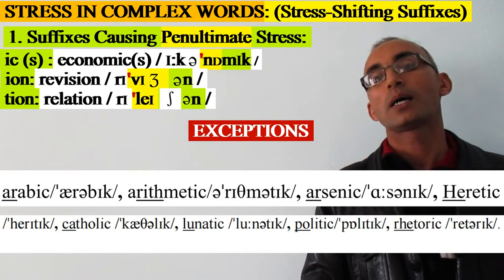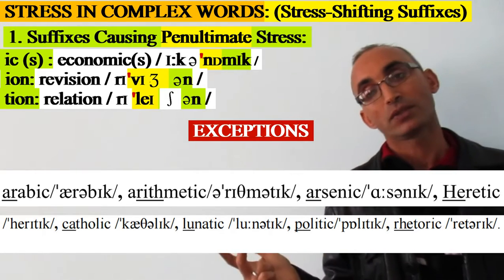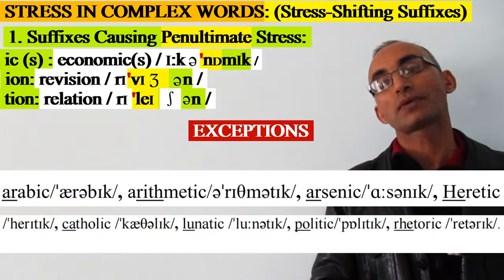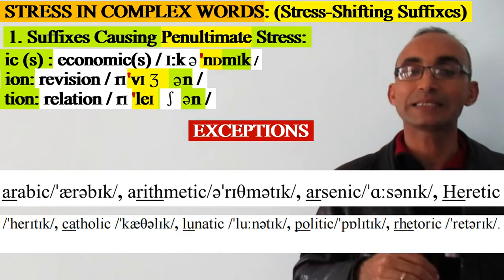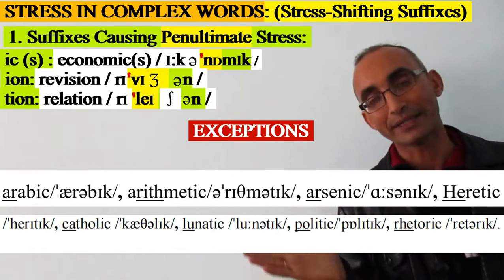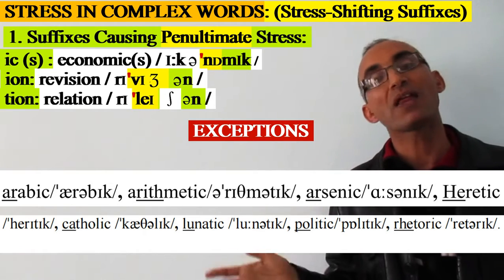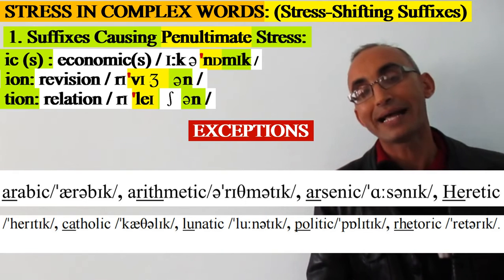Also politic, the same thing. Here we don't stress the penultimate, which is li, but we stress the antepenultimate, the third one from the end, which is po. Here also it's an exception, and the same with all the other words you see here as exceptions.